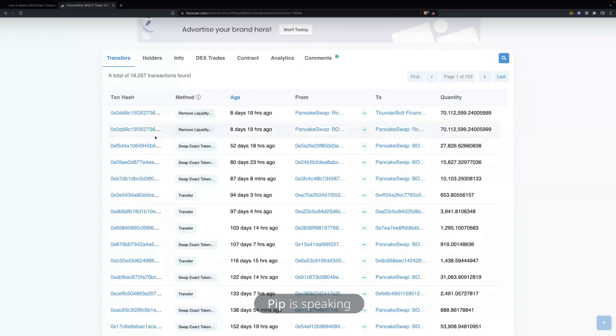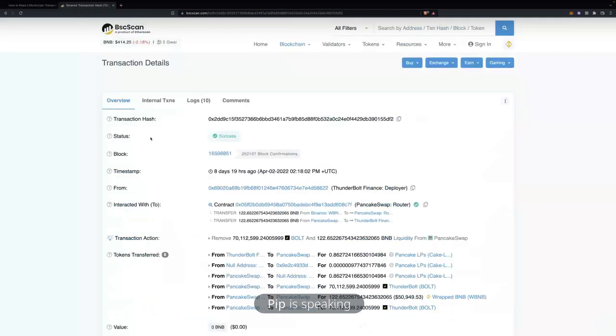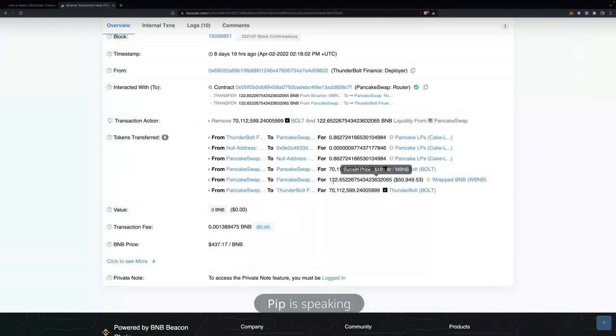Look what he did 8 days and 19 hours ago. He removed liquidity. So 1 year ago, he locked liquidity for 1 year, and then he basically disappeared. No one could do anything. And look what he did. He removed liquidity for 122 BNB, 51 grand worth of BNB are sitting now in his wallet.